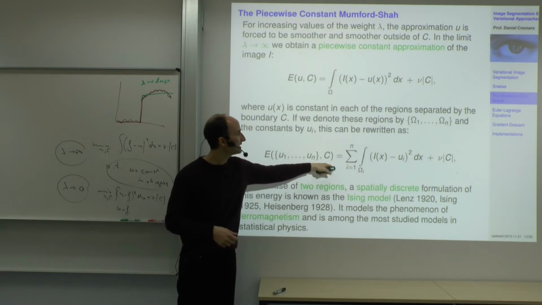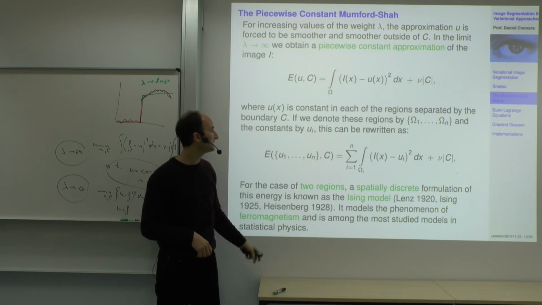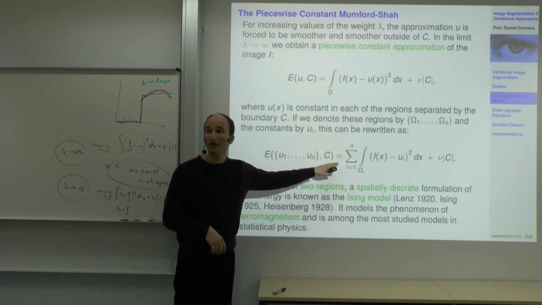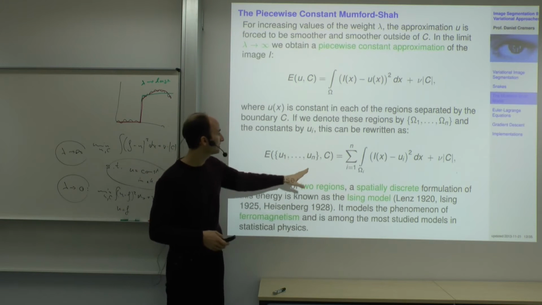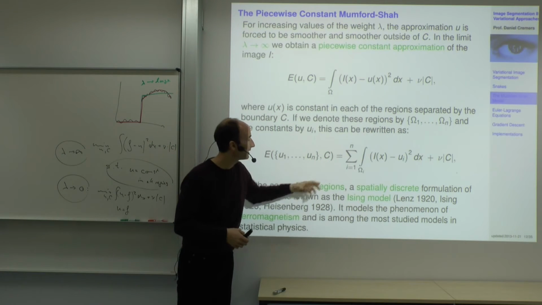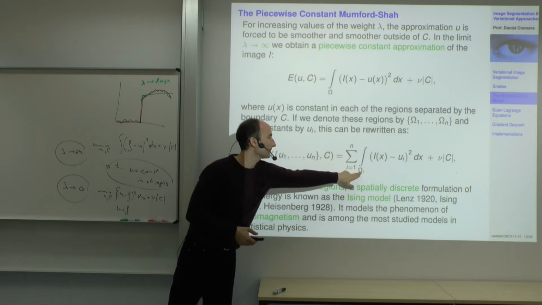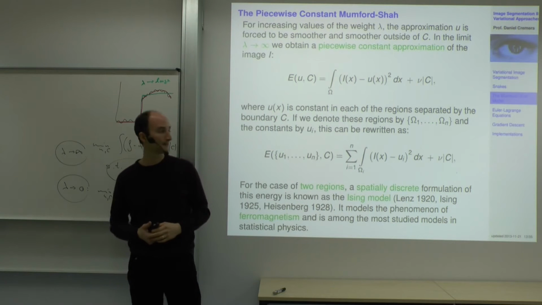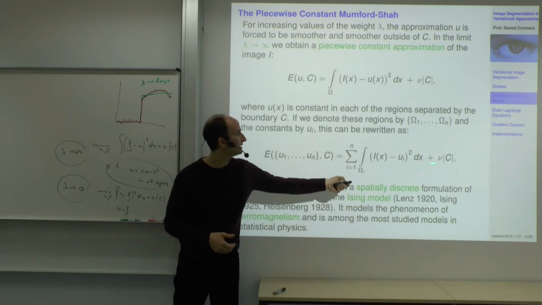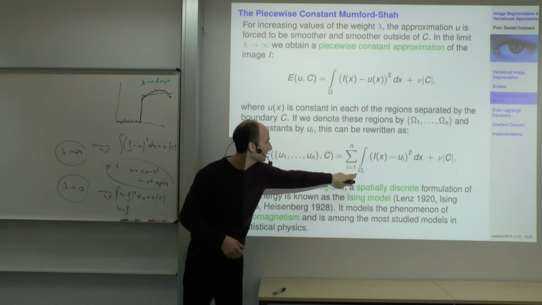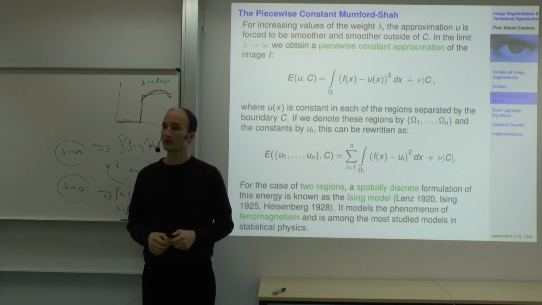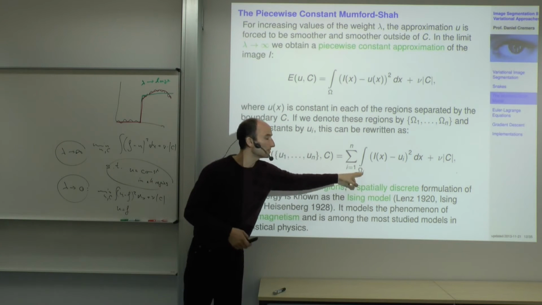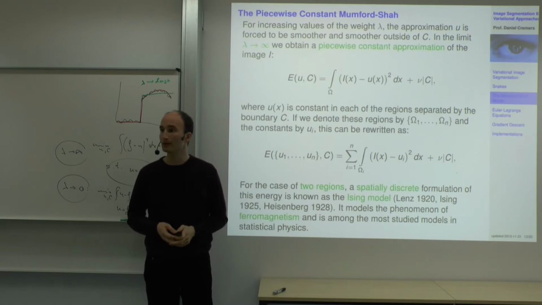Rather than writing C here and the boundary lengths of C, you could also write omega 1 through omega n, the various regions. So you're optimizing for the boundary essentially means that you optimize for the regions omega I. And the coupling between these two terms arises because C is the boundary that separates these regions. And determining the regions implies that you determine the boundary.